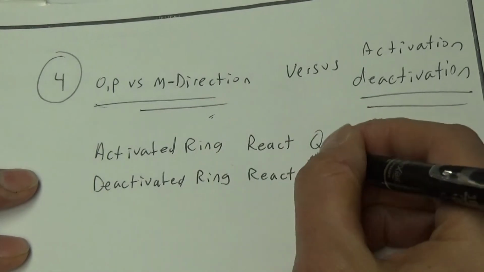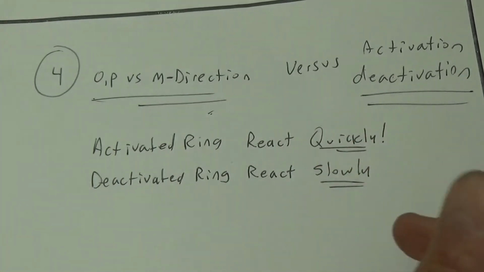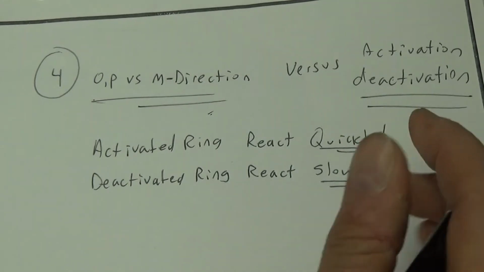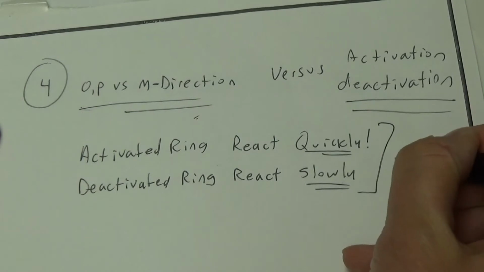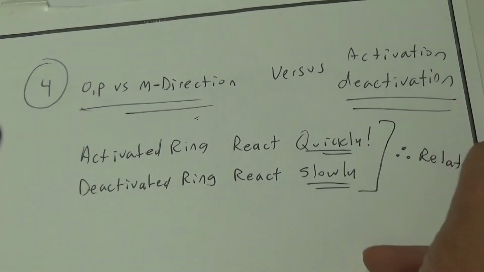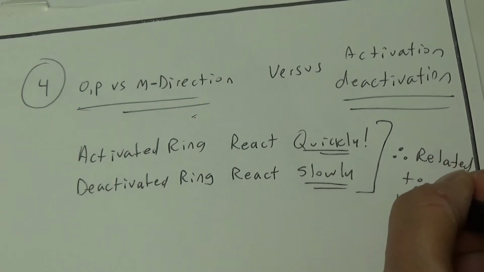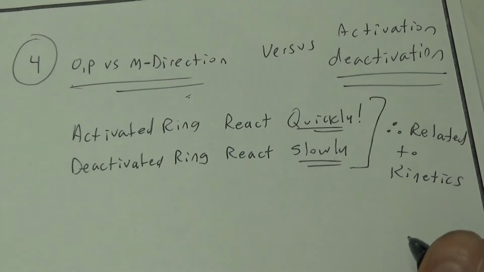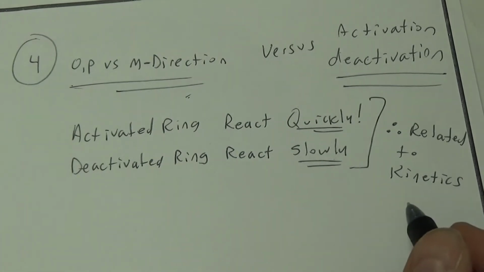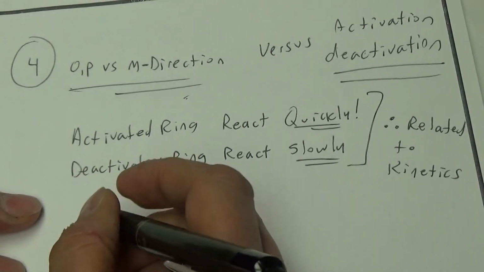And a deactivated ring reacts slowly. So the meaning of the words makes sense, right? Therefore it's related to kinetics, the speed of the reaction, reaction rates. Activated fast, deactivated slow.